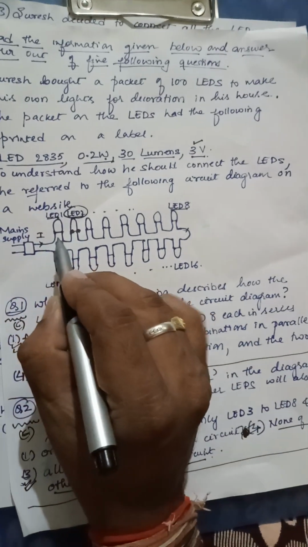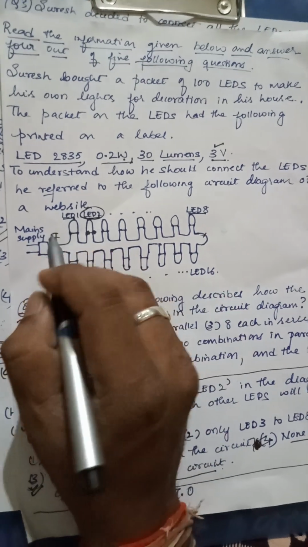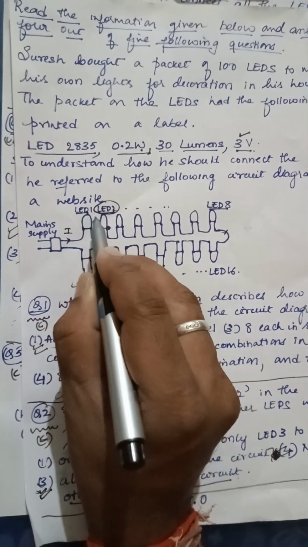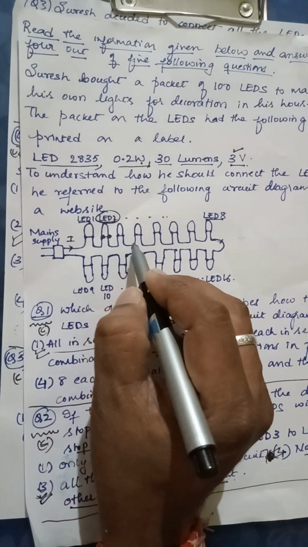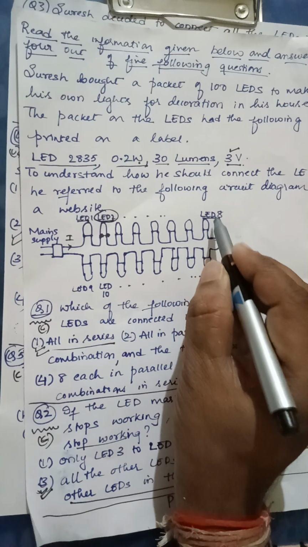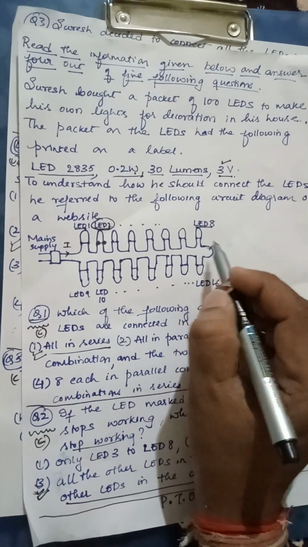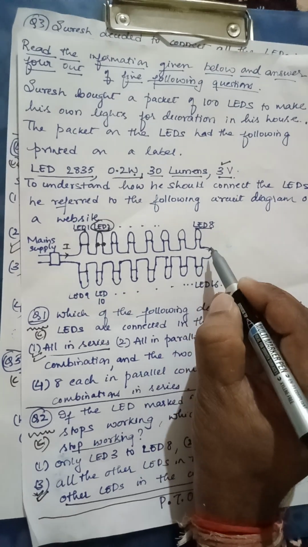If you look at the diagram carefully, suppose I take a current I here. This current will flow through LED1, the same current will flow through LED2, and the same current will flow through all the LEDs up to LED8. If you observe carefully, there is no other path other than this path for the current to flow.